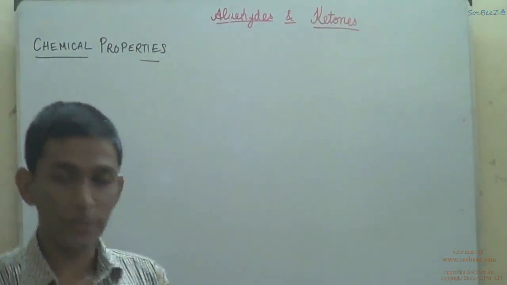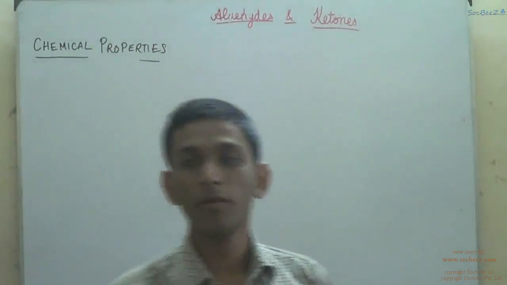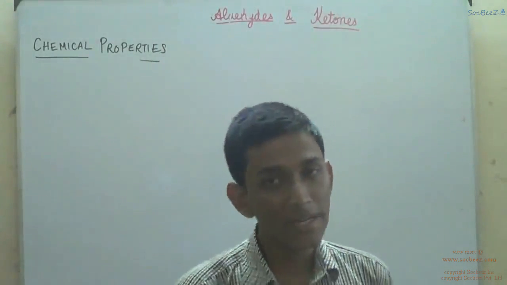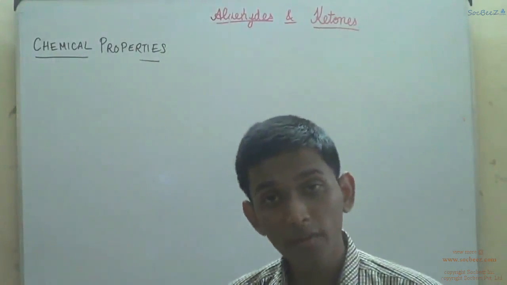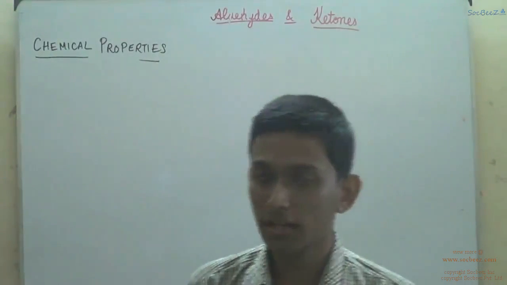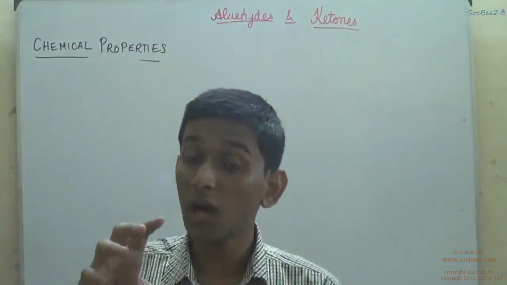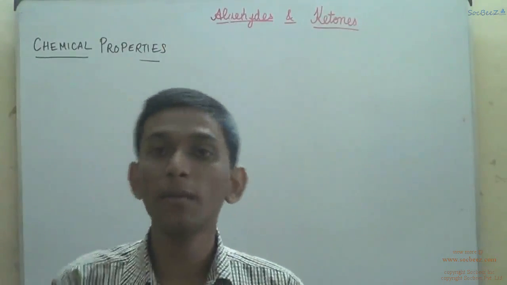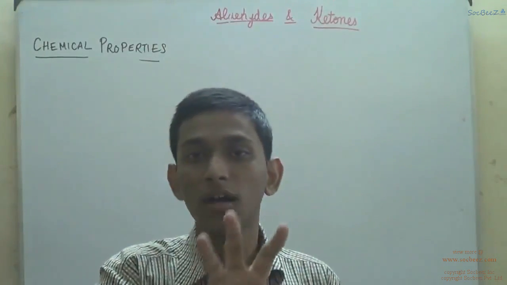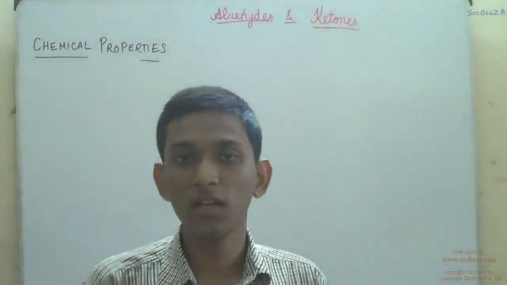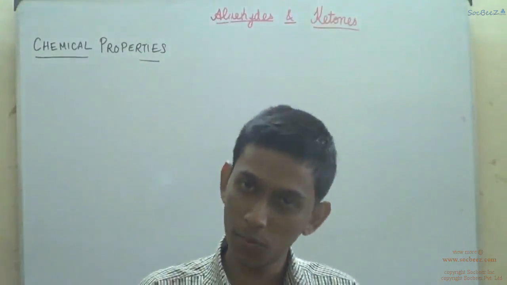Once more I am repeating, the kinetic product is the one which is quickly formed from the most stable intermediate, therefore it is formed quickly, whereas the thermodynamic product is the product other than the kinetic product. In some cases, it is proven that the thermodynamic product is more stable. I am not talking about the intermediate, the product is more stable, whereas generally the product other than the kinetic product is stated as the thermodynamic product.